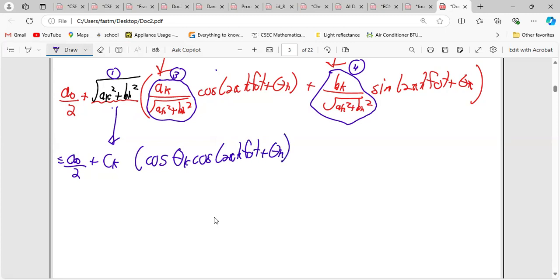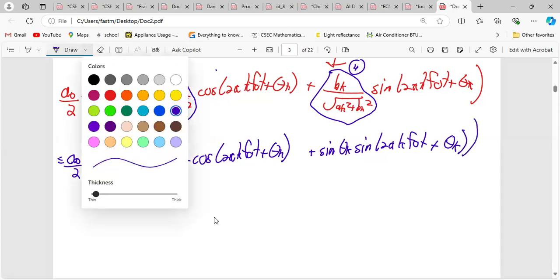Then you have this here, which was sine theta K from the triangle. So that's plus sine theta K. Now the 2 pi k f naught t plus theta K coming in at the end, close that bracket, close the big bracket. So right now we're almost there, but we have one problem.